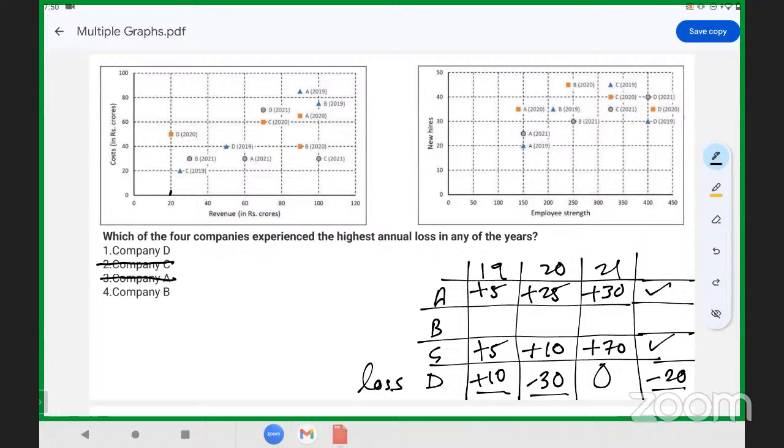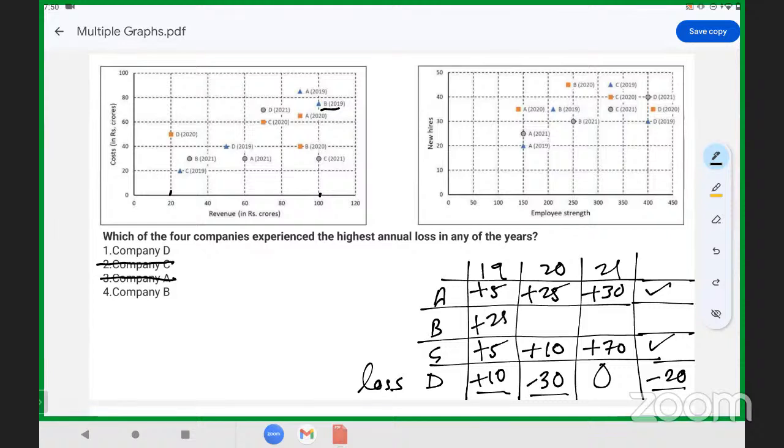So let us move ahead with B. So B in 2019 is here, 100 crores in revenue and cost is 75. Okay, so that is 25 crores profitability.